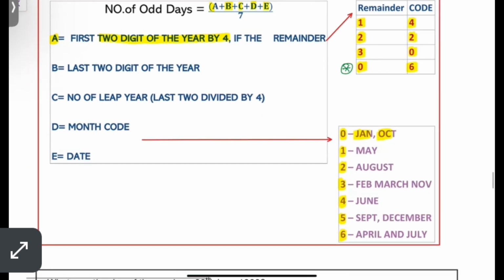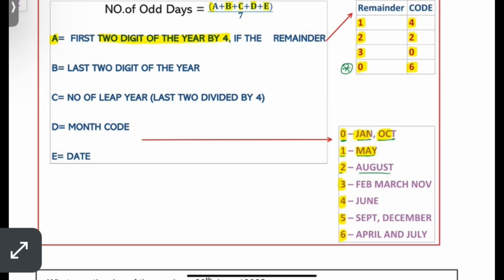Even this one, for January and October, the code is 0. For May, it is 1. For August, it is 2, and so on. So you try to create a mnemonic out of it. For me, I'm an owl, so it's very easy for me.